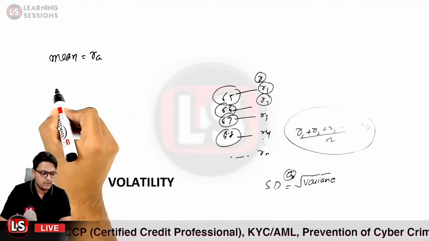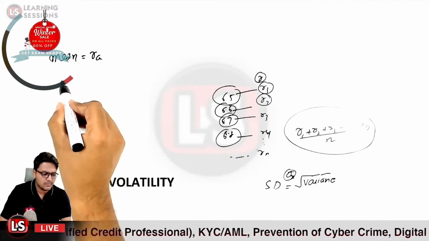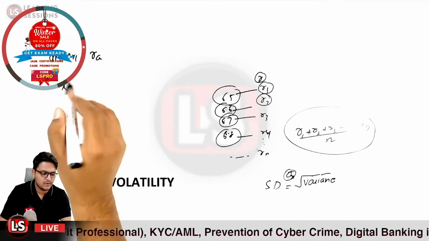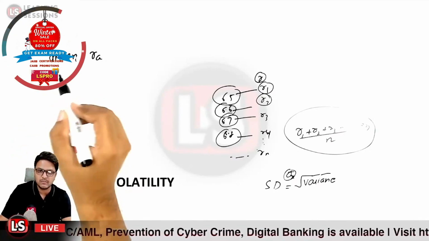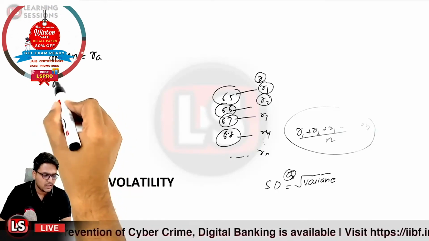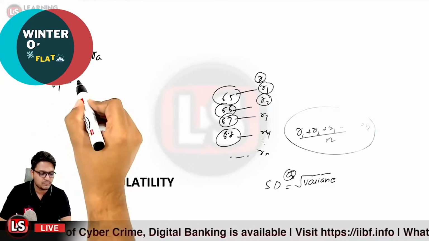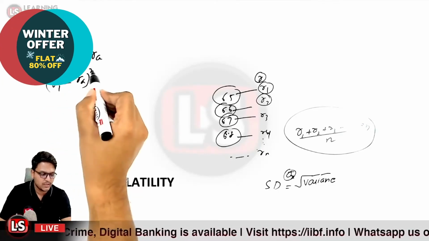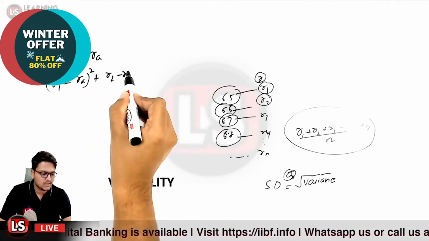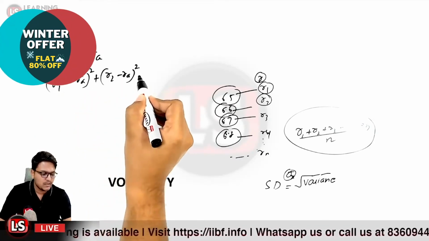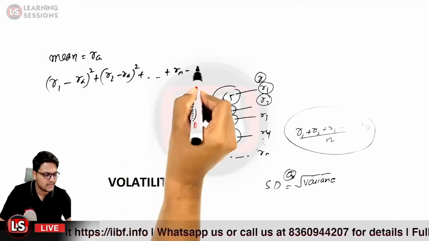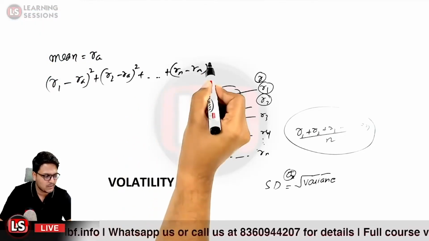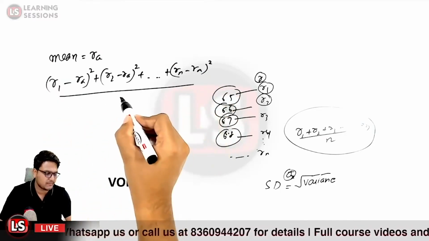We'll be picking up one term and subtracting the mean from it. So it will go like (R1 minus Ra) square plus (R2 minus Ra) square and so on up to (Rn minus Ra) square, divided by n.